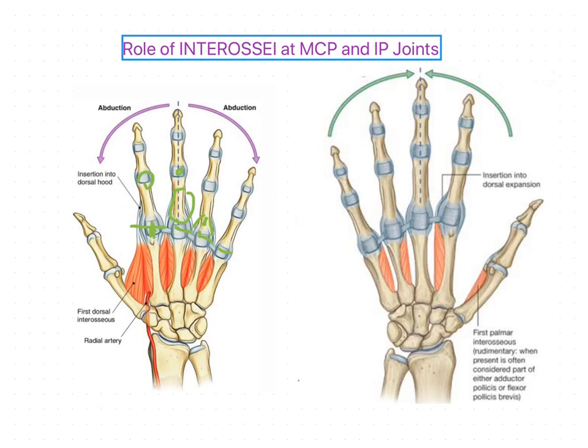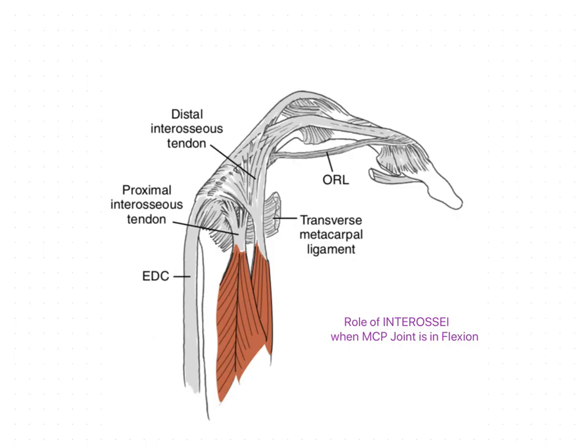Now we will see the role of the interossei when the MCP joint is in flexion. Here you can see this MCP joint, here it is in flexion. When the MCP joint is in flexion, the action line of the interossei lies more volarly. These are the interossei muscles, normally present on either side, so they move volarly when the MCP joint is in flexion.